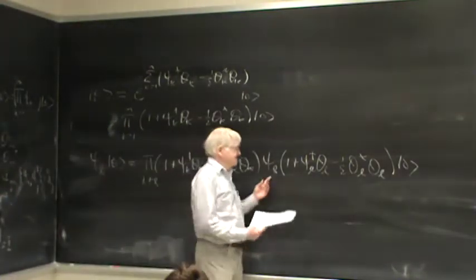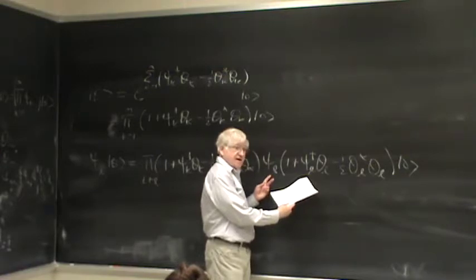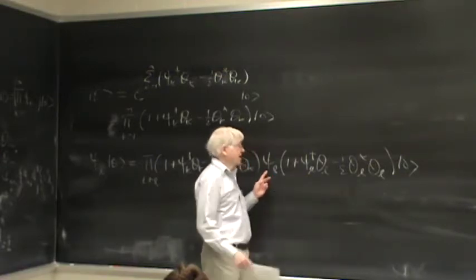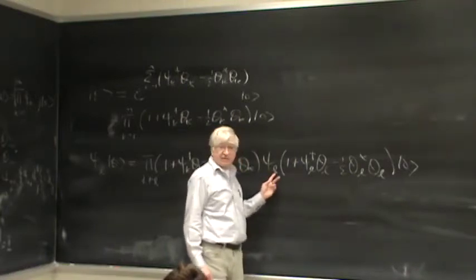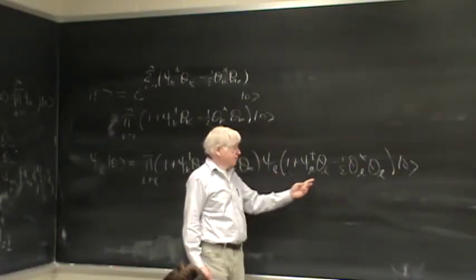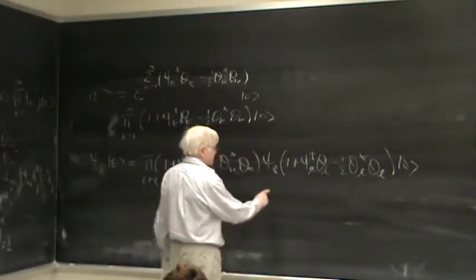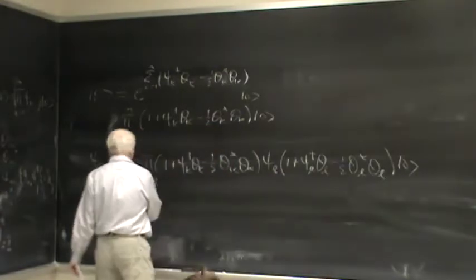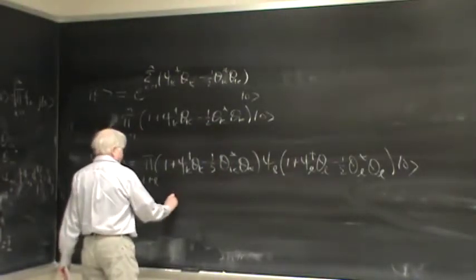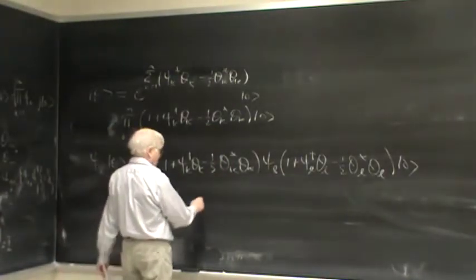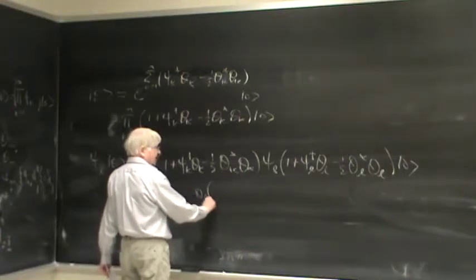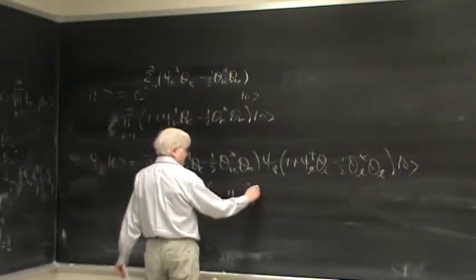But this is just the coherent state formula for the variable ψL with argument θL. And so we know that this just gives us θL times the coherent state, ditto.